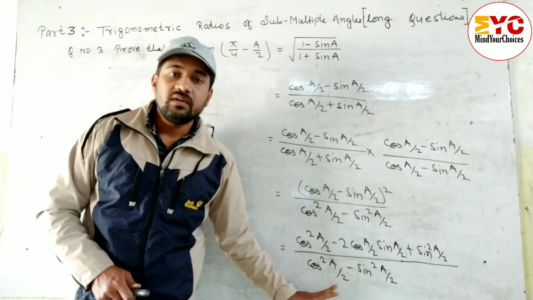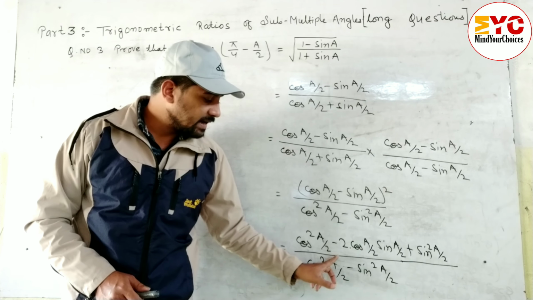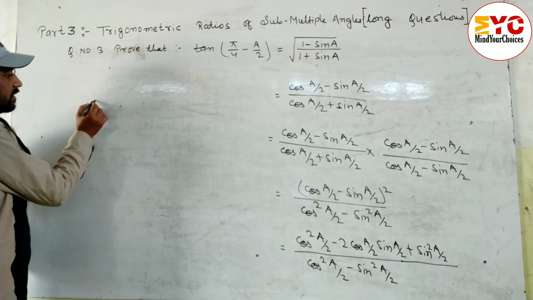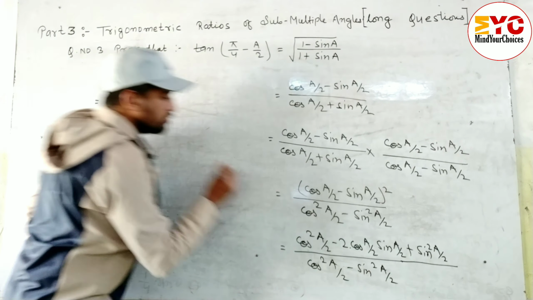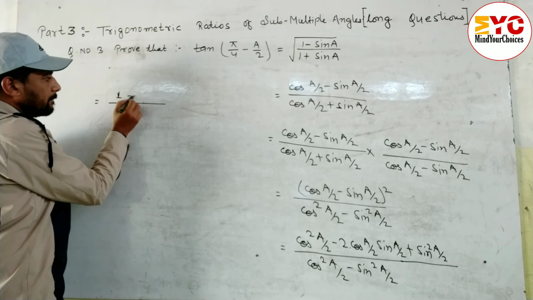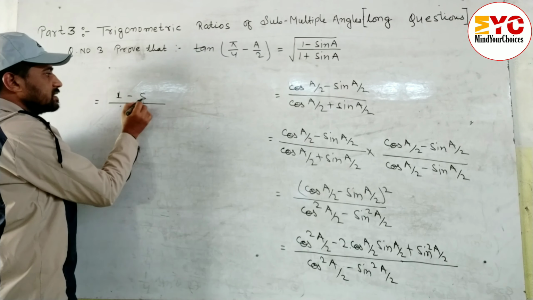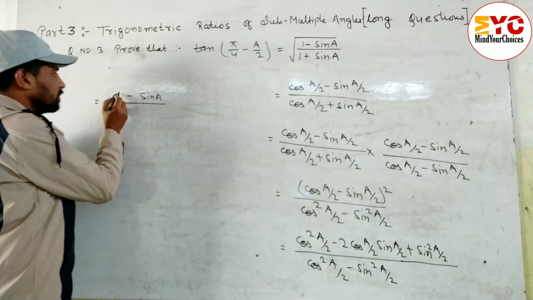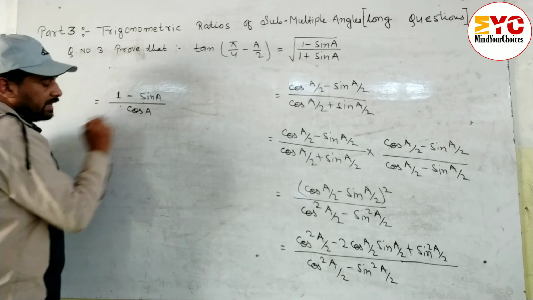This is also the formula of cos A. So we can write directly cos² A/2 plus sin² A/2 means 1, minus 2 sin A/2 cos A/2 means sin A. And the denominator is the formula of cos A.